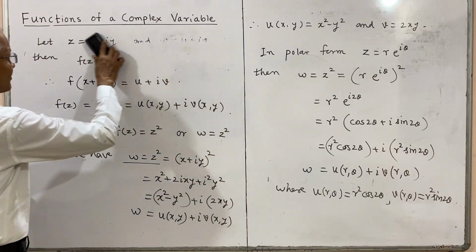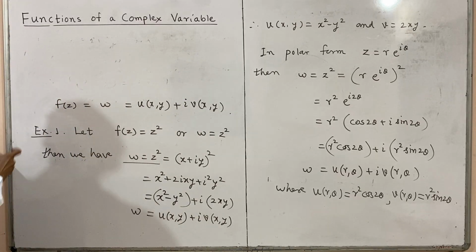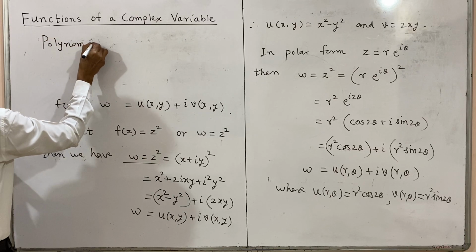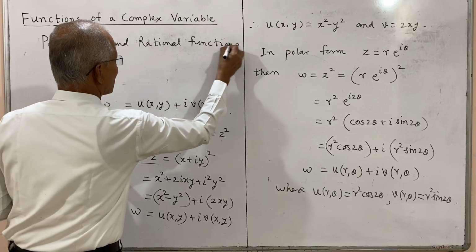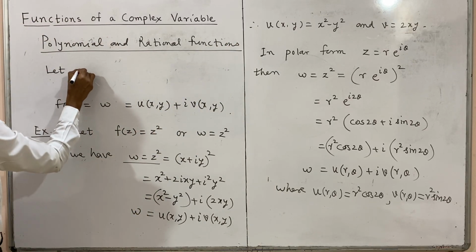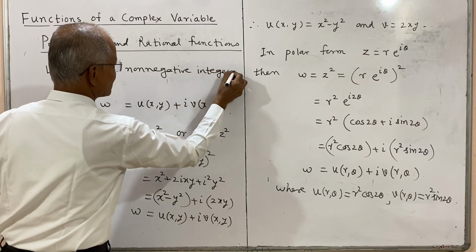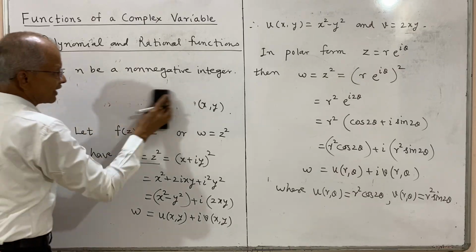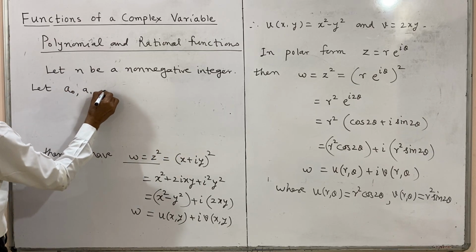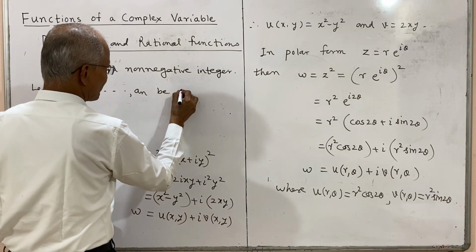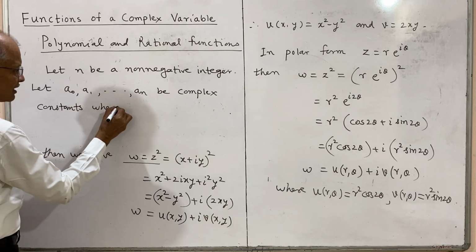Now we shall consider polynomial and rational functions. For a polynomial function, let n be a non-negative integer, and further let a0, a1 and so on up to an be complex constants, that means complex numbers, where an is not equal to 0.